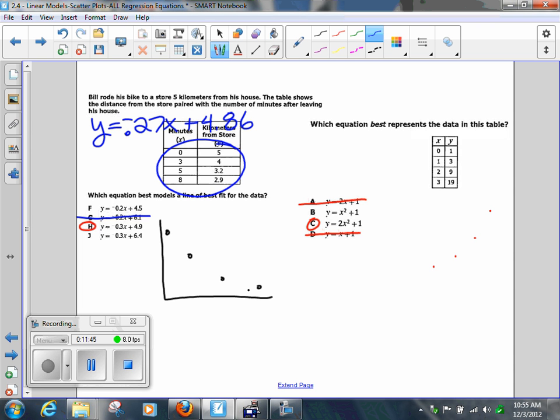That's closest to the negative 0.3x plus 4.9, because if you round my equation to the nearest tenths place, you're going to get y equals negative 0.3x plus 4.9, which is H.